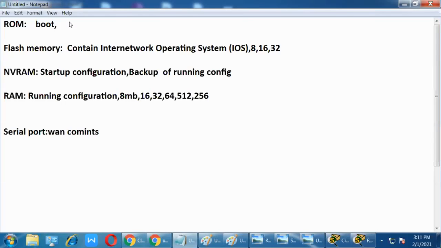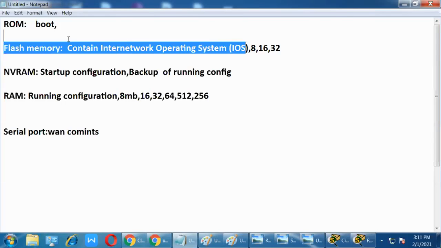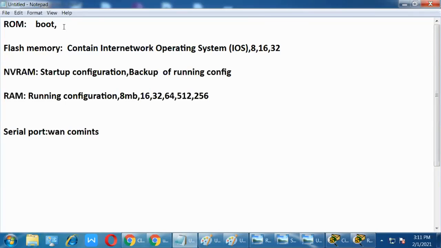And mini IOS is available. Why? Because if this operating system fails or gives a problem, at that time it will start with mini IOS, a temporary operating system. The same way, if you are working in a company, you can see a server operating system also has a mini operating system, and even desktop operating systems like XP and Windows 7 also have a mini IOS. Means if your operating system is damaged, you can't access it, but some information is available on your desktop.